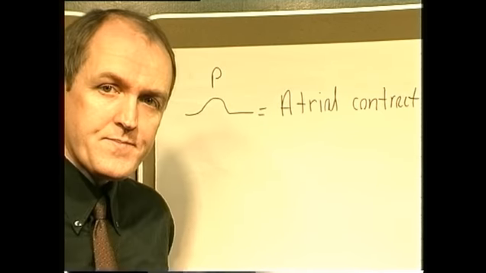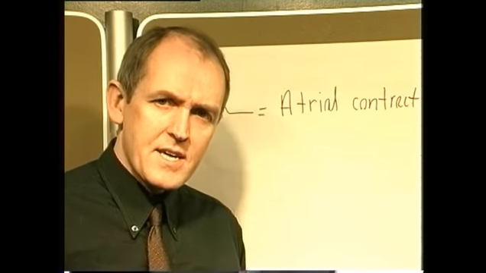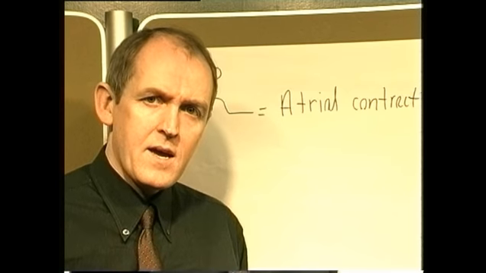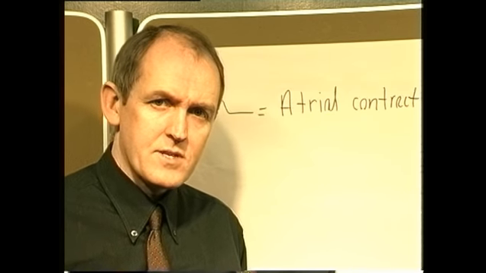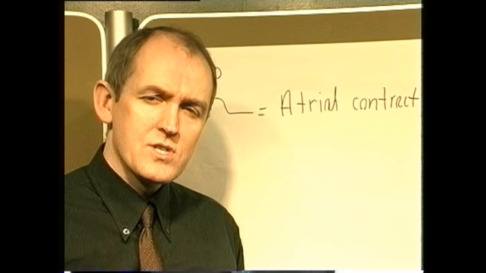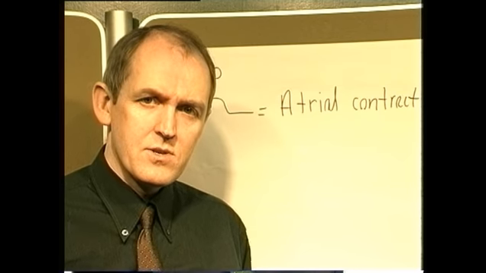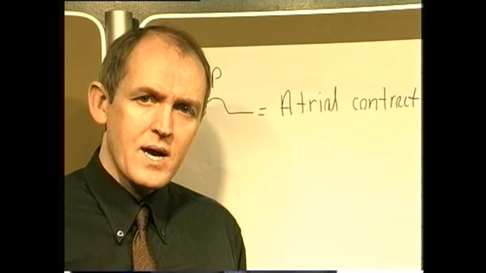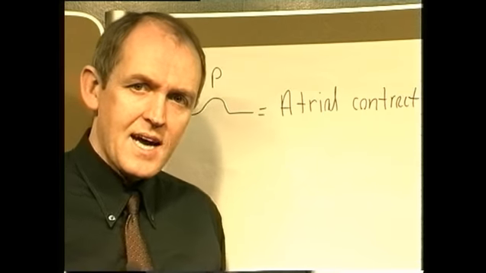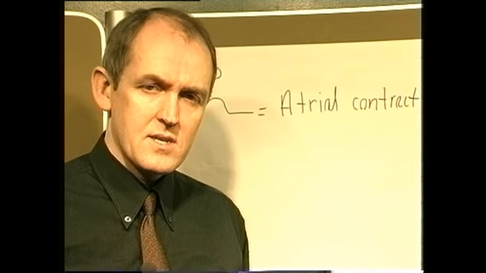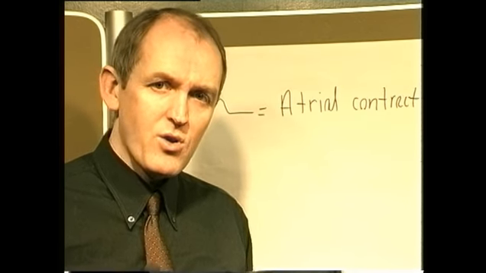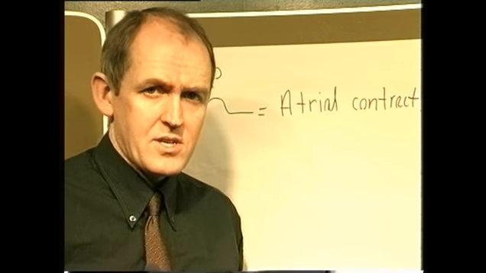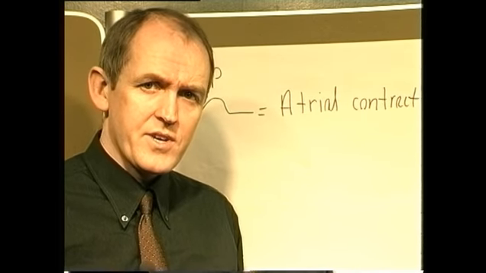So the P wave we could define as the electrical activity as detected on the surface of the body as a result of depolarisation, actually the depolarisation of the atrial muscle.